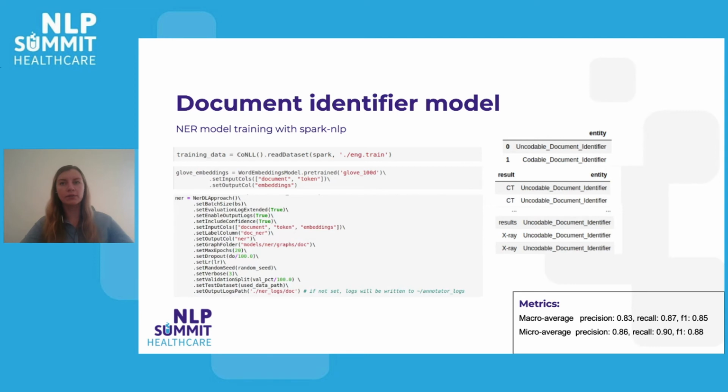In our case, there was another issue we faced: the dataset was not balanced. So we had to manually balance the dataset to have enough codable document identifiers, and then we trained the model with that information. We received some decent metrics on this model, which you can see on the slide.